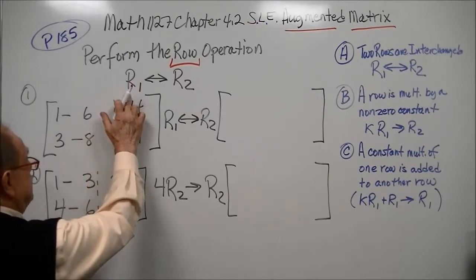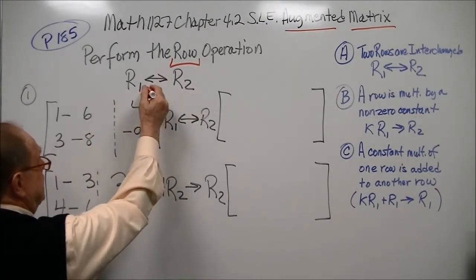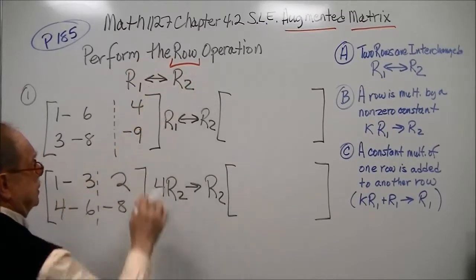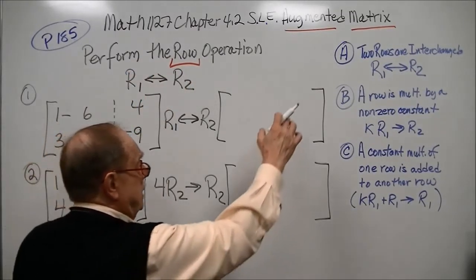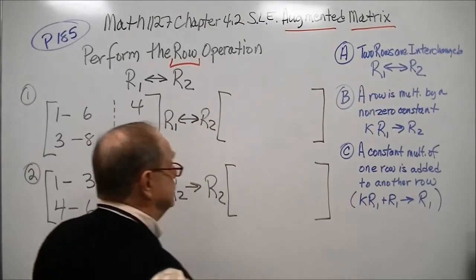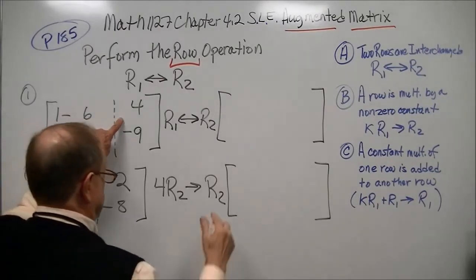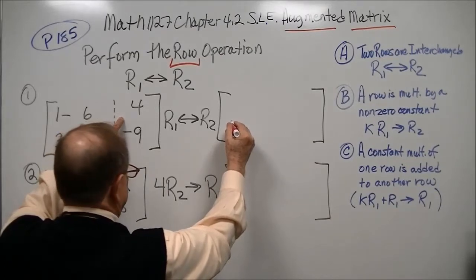So here it's row 1 and row 2. This sign means the rows are switched around. And that's topic A over here. 2 rows are interchanged. So what will this look like? Well, we're going to take row 1 and put it where row 2 would be.